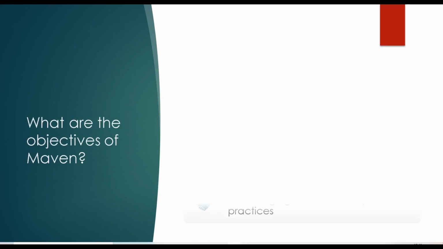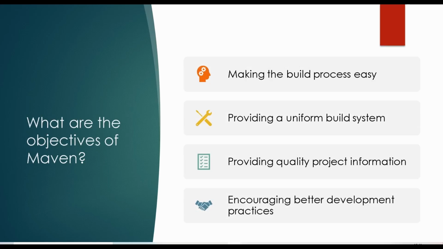What are the objectives of Maven? Making the build process easy, providing a uniform build system, providing quality project information, encouraging better development practices. Making the build process easy is very interesting, because if you are developing some application using Java or some other language and want to make it into a package, you don't need to go for some other packaging tool.